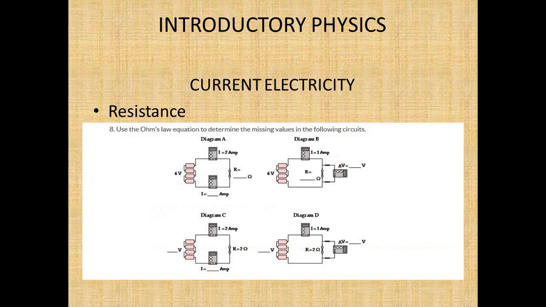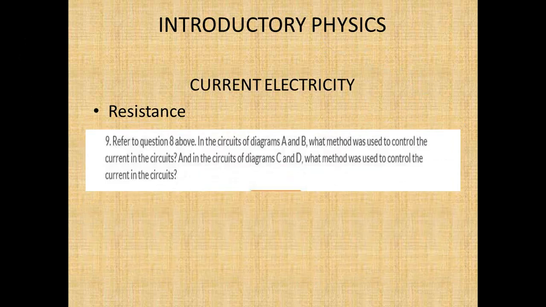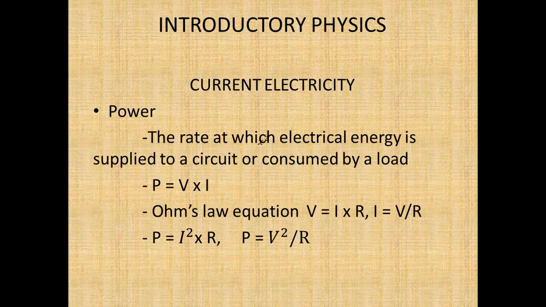Use the Ohm's law equation to determine the missing values in the following circuit. You just use that the voltage is equal to the product of the current across 2 points times the resistance. Just use that knowledge and you can answer the questions.